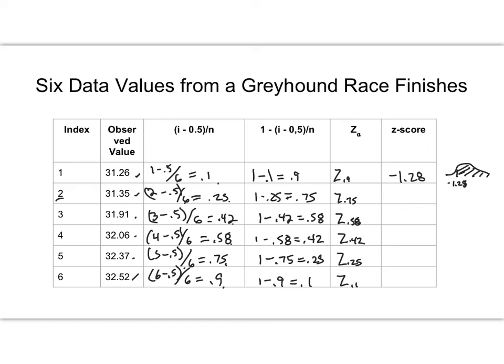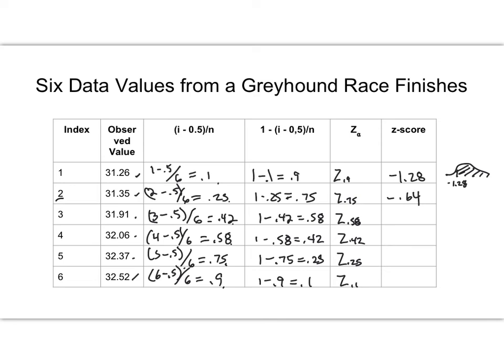And then z alpha 0.75, that means that 75% of that area is going to be to the right. And I get a z-score using inverse norm of 0.75. Actually, it's going to be z alpha 0.25. And I get negative 0.64.